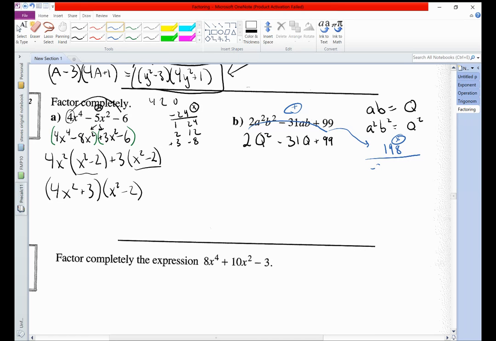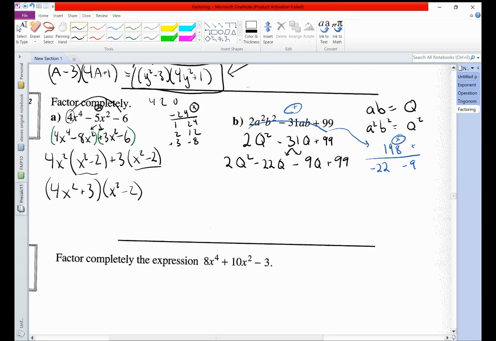So we're going to get negative 22 and negative 9. Negative 22 times negative 9 gives me positive 198, and negative 22 plus negative 9 gets me negative 31. So I can split this negative 31 term into negative 22q minus 9q plus 99.